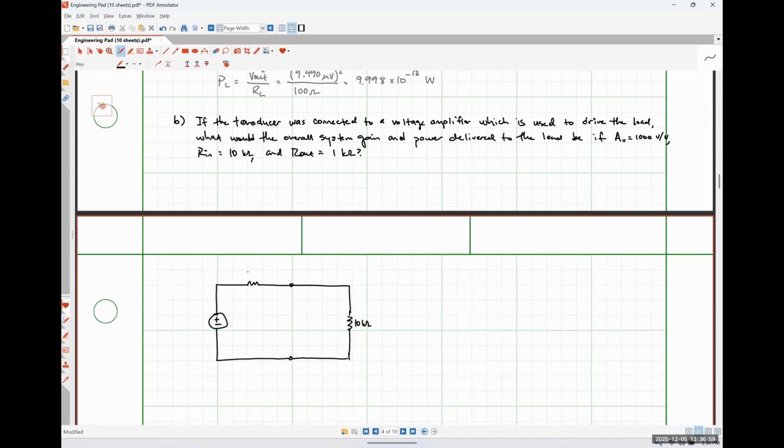For what it's worth, this one was 100 kilo ohms. This was 10 millivolts. Over here, I'm going to put the output side of my amplifier. Since it's a voltage amplifier, this is going to be a voltage controlled voltage source. My gain is 1,000, which is just 10 to the 3. So I'm just going to call this 10 to the 3 times Vin, where this is my voltage Vin, the input signal for my amplifier. Here's my output resistance of 1 kilo ohm.